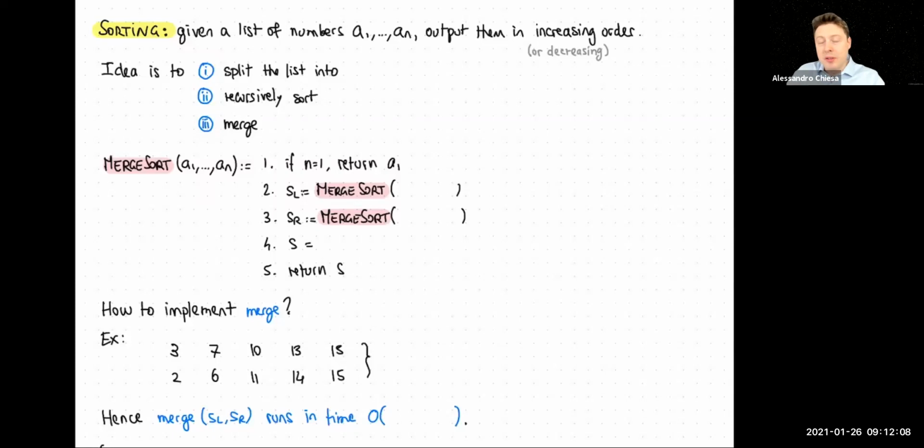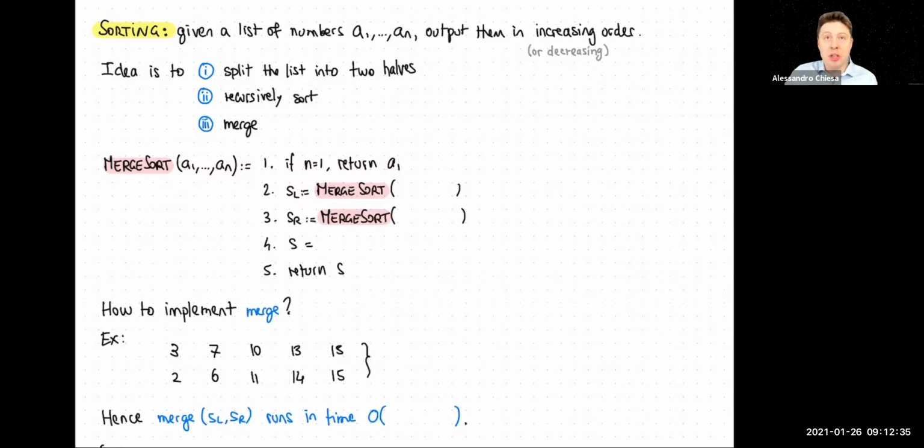Remember that for divide and conquer, you have to somehow split your problem into smaller subproblems. So if you have a big list, why not split it into 2 smaller lists? The first step is to split the list into 2 halves. Now this is a smaller input size. You go from n to n over 2.